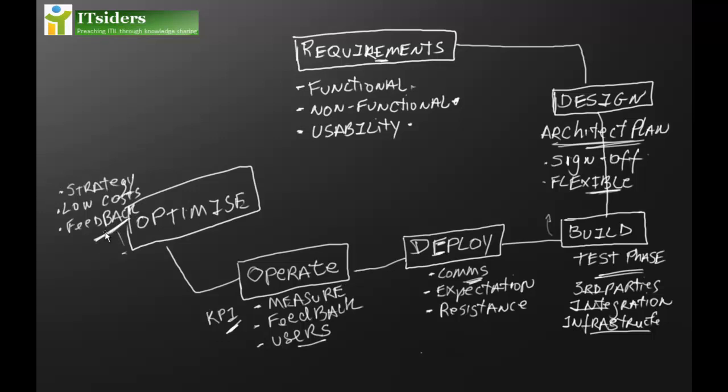Sometimes we may arrive at the conclusion, after we are operating, measuring the KPIs and getting the feedback, that there is a strategy, because this application is costing so much and is not relevant for the business any more, so we need to retire that application.